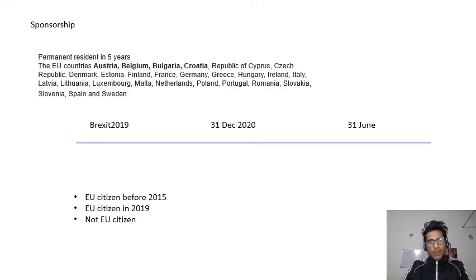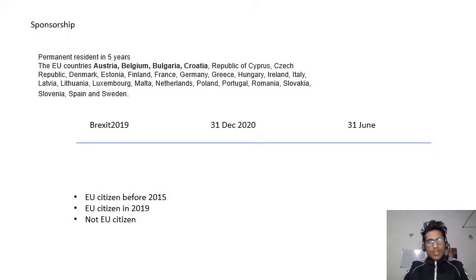Now let's talk about sponsorship. In the UK, if you are staying for 5 years, you will get permanent residence, PR. And EU citizens before Brexit in 2019 don't need a sponsorship. They have a right to work in the UK.